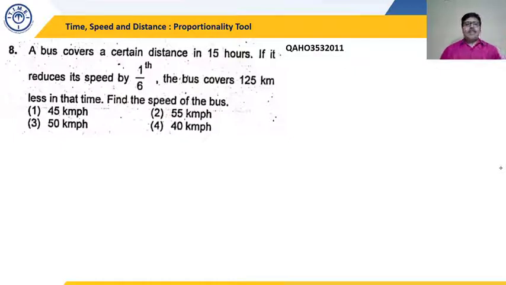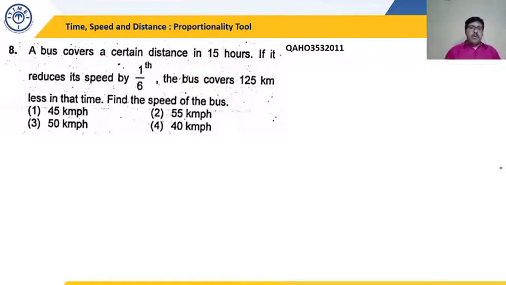A bus covers a certain distance in 15 hours. If it reduces its speed by 1/6, the bus covers 125 kilometers less in that time. So this is question number 8 from one of your handouts.